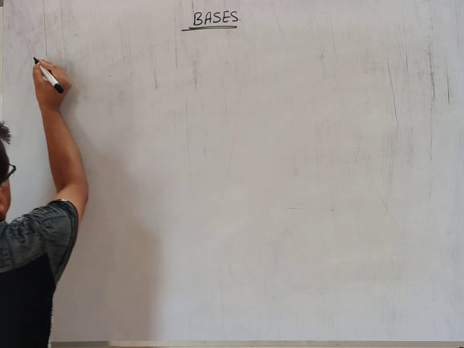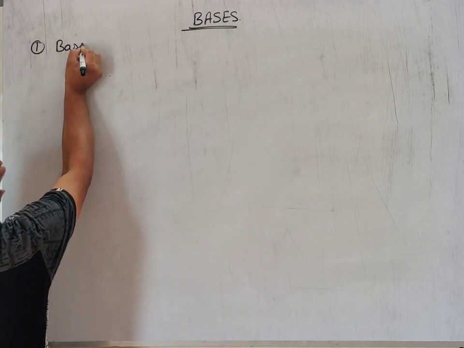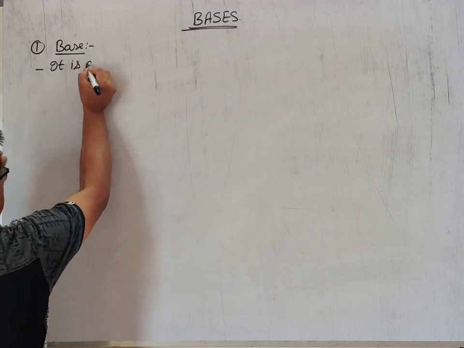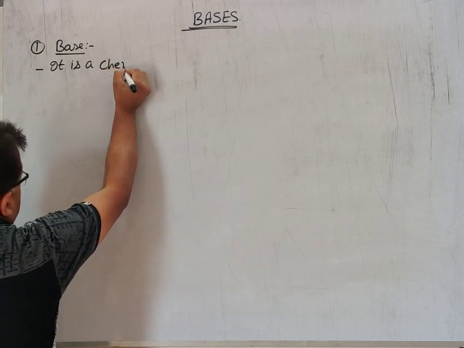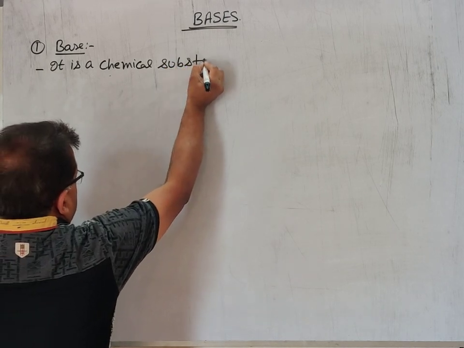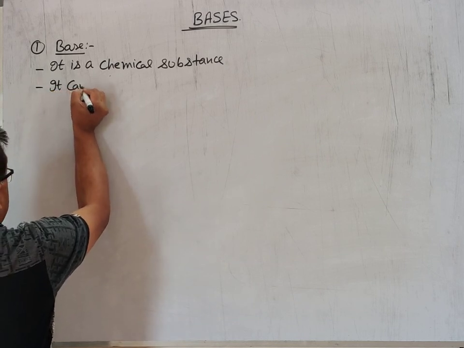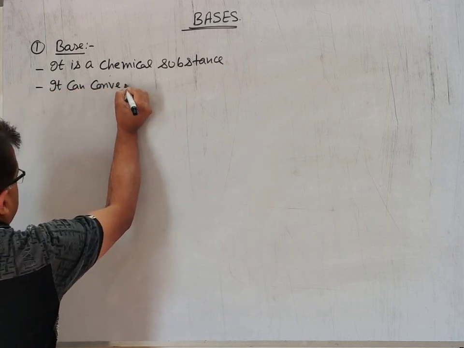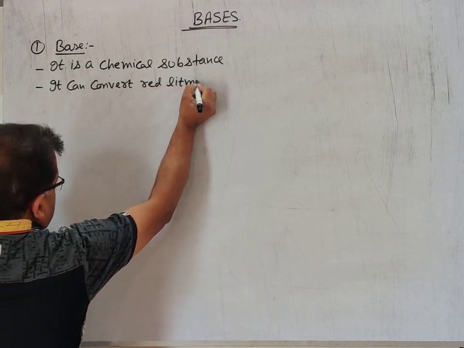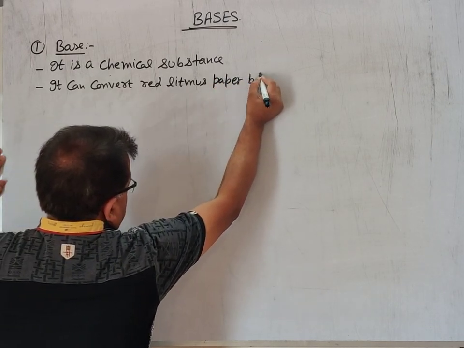Bases. What is a base? It is a chemical substance like acid. It can convert red litmus paper blue.